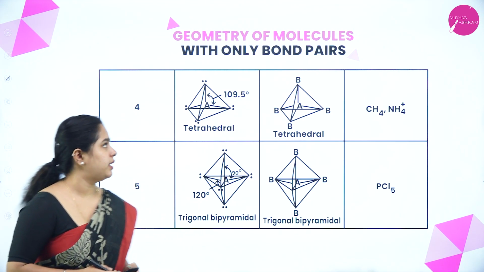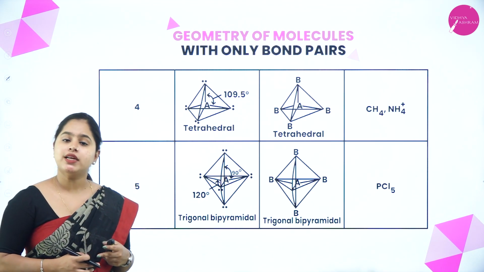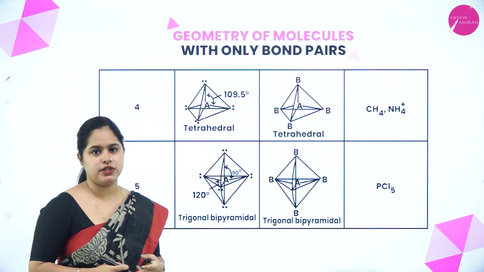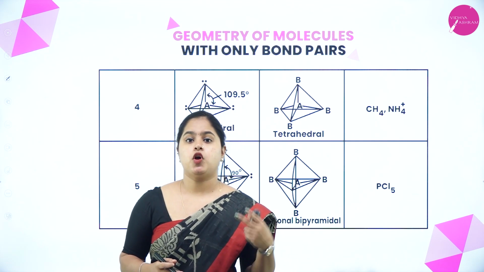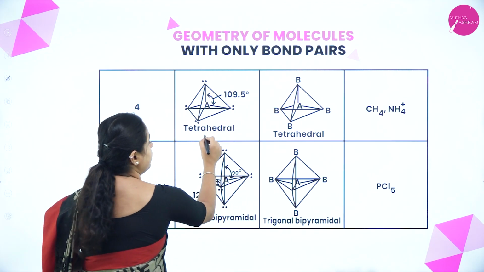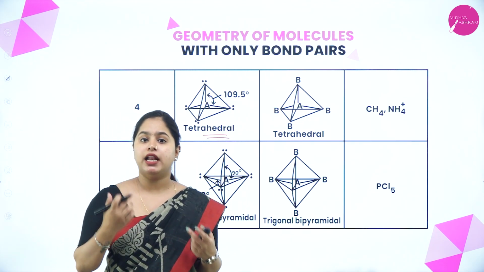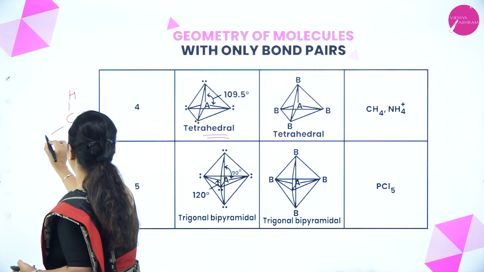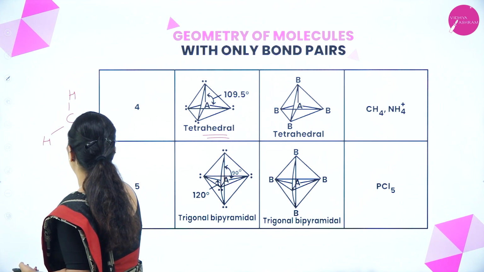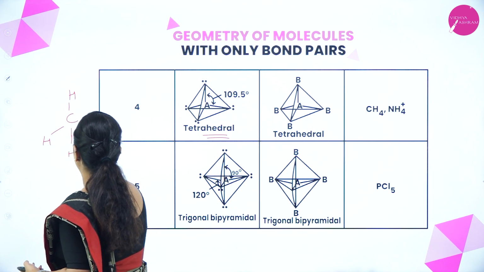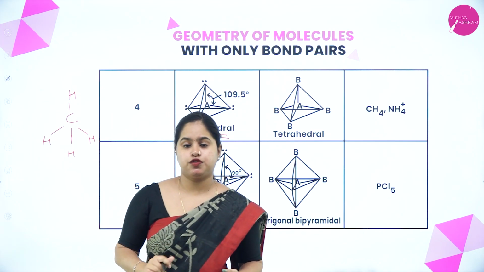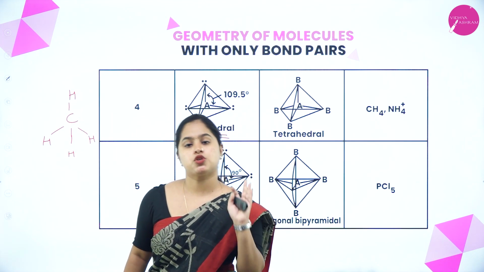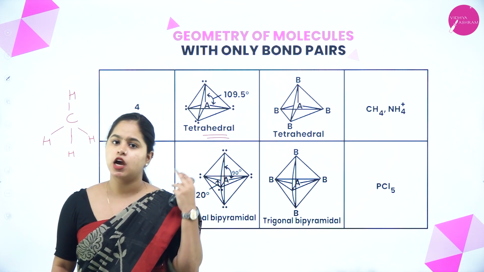Now, moving on to the next one, that is 4 electron pairs. In the case of the CH4 molecule, the geometry or the shape is called tetrahedral. As you can see here in CH4, there are 4 bond pairs and no lone pairs, so the total number of electron pairs is 4.